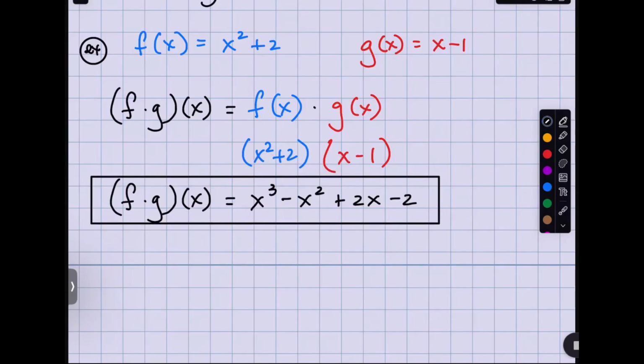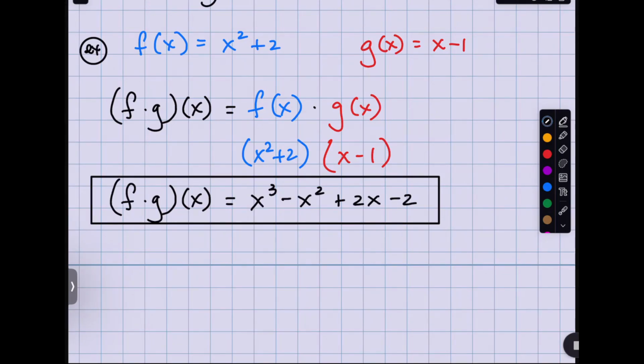Does that make sense? So with addition, subtraction, multiplication, division, this is what it's talking about. That's all it's talking about. Nothing else. So what's a composite? Now, I'm sorry, before I do a composite, you might see this. If it's going to tell you to do f times g of x, that means my answer is going to have x in it.